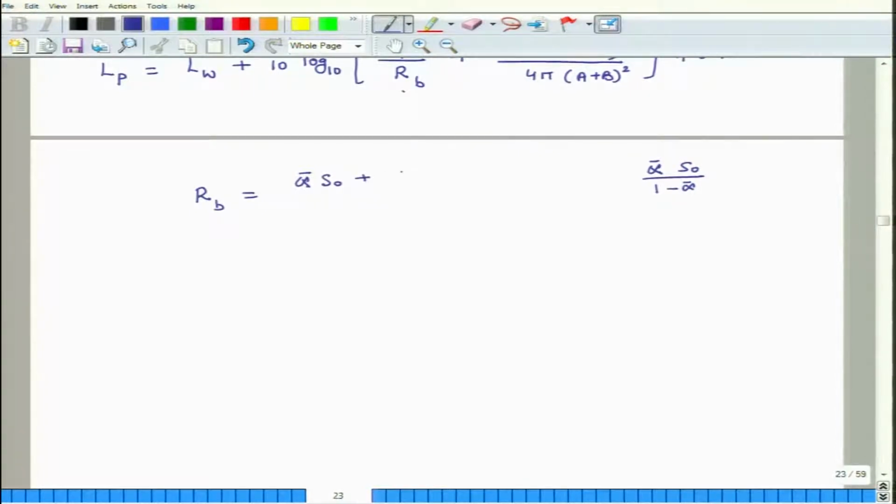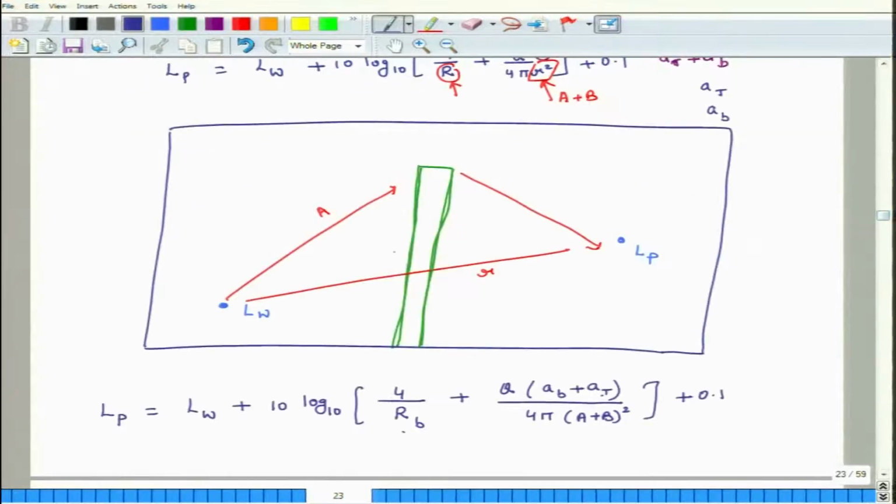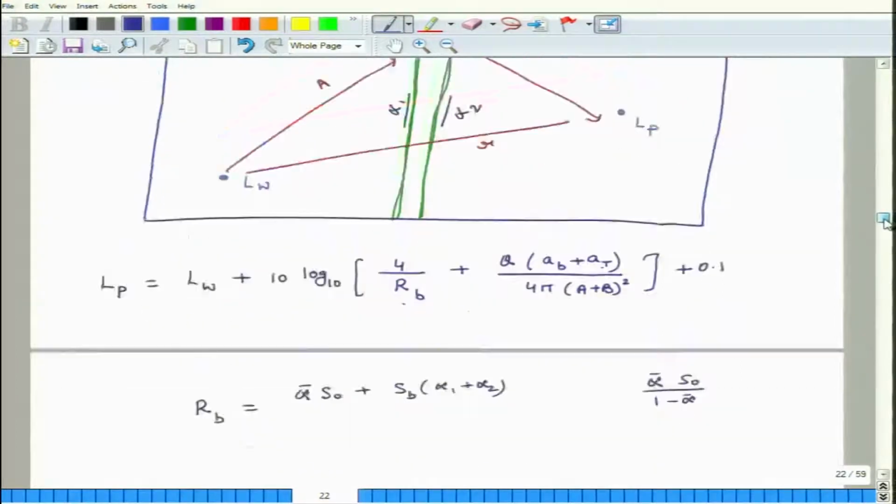So, let us say the surface of barrier is SB times alpha 1 plus alpha 2, where alpha 1 is the absorption coefficient on this surface and alpha 2 is the absorption coefficient on the second surface, because there are two surfaces which are going to absorb sound.